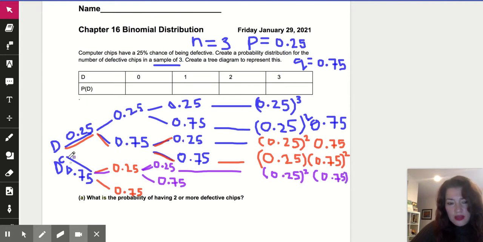All right, the next one is 0.75 times 0.25 times 0.75. So that one is going to be only 0.25 to the first power, and then I will have a 0.75 squared because there's two 0.75s.